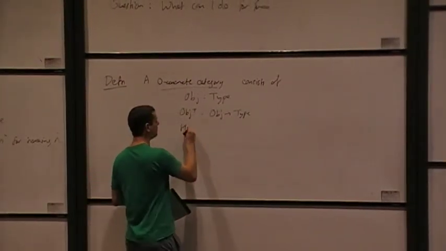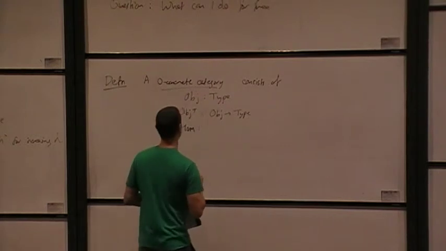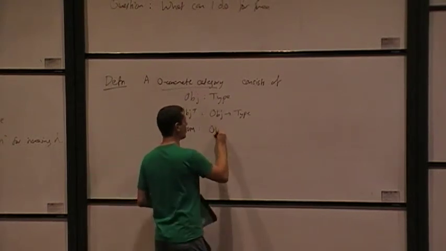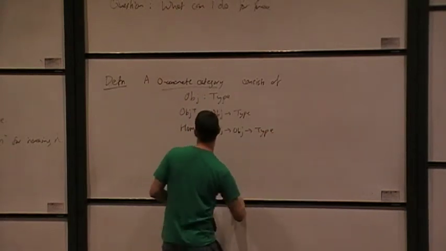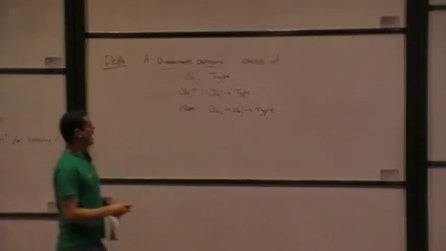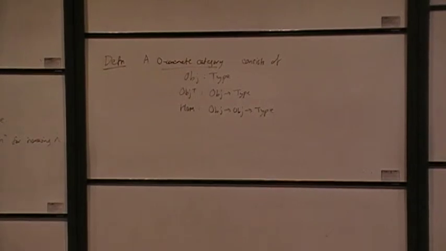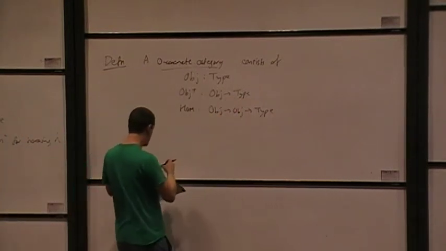We want hom, and that's going to go from obj to type, as usual. And then I want something which explains how the hom types have something to do with these sort of representing objects.